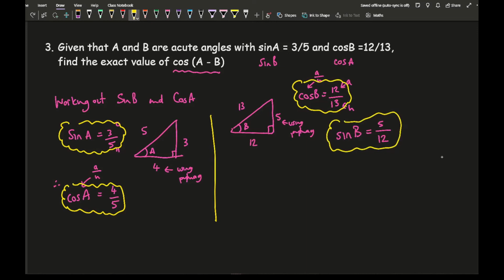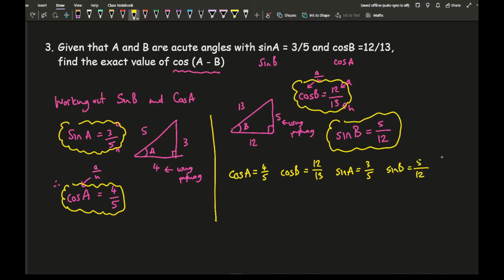So if I just write down what I've got, I've got that cos A equals 4 over 5, cos B equals 12 over 13, sine A equals 3 over 5, and sine B equals 5 over 13.